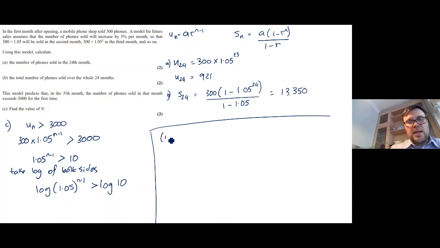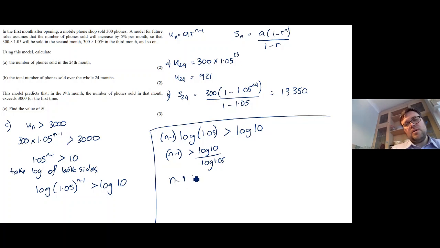In using the power rule, the n minus 1 comes to the front, and we have (n minus 1) log 1.05 greater than log 10. And then n minus 1 is greater than log 10 over log 1.05. N minus 1 is greater than 47.2. So n must be greater than 47.2 plus 1, so n must be greater than 48.